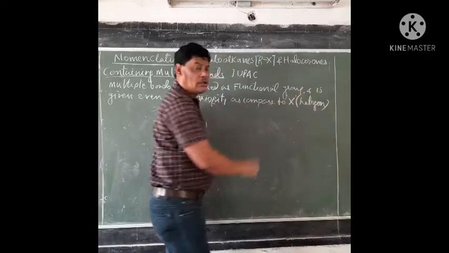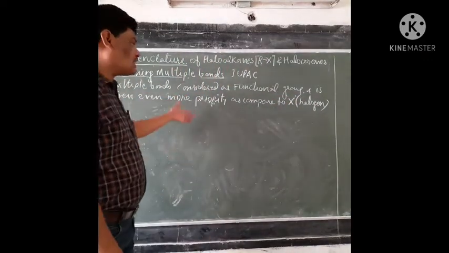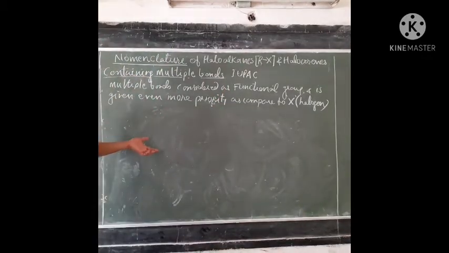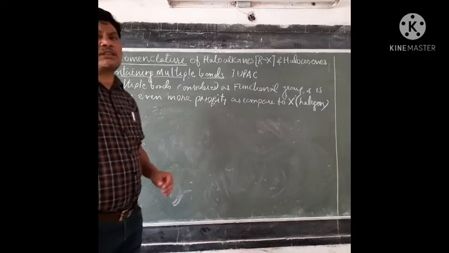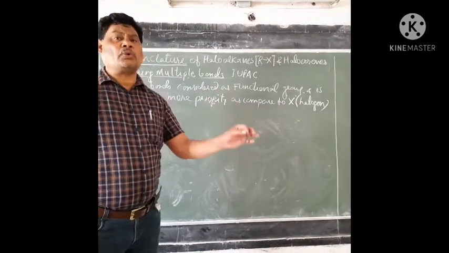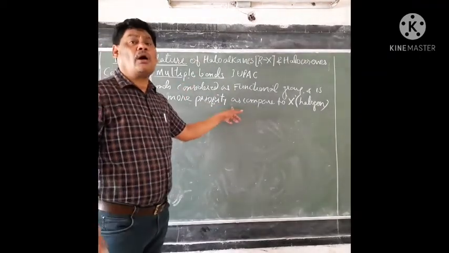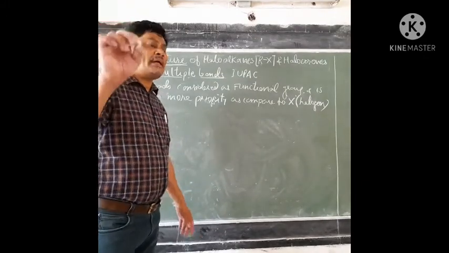It is the only functional group which is given the least priority as compared to a multiple bond. In case a multiple bond is present with the halogen functional group, then we have to give more priority to the multiple bond for numbering the carbon atoms of the main carbon chain.